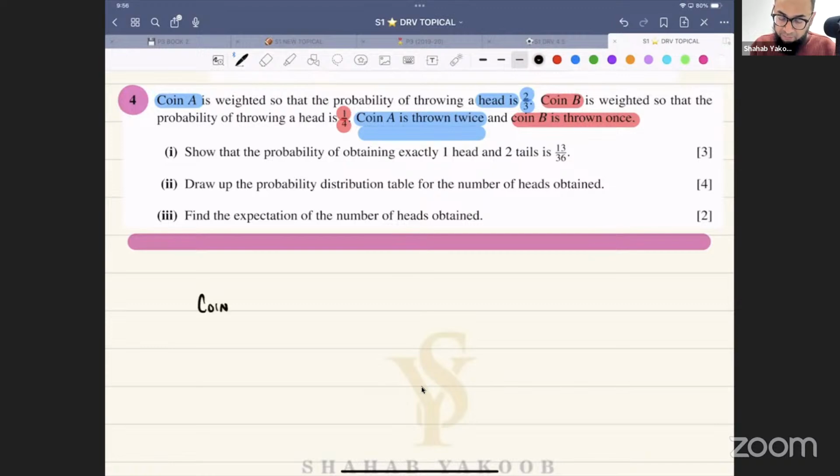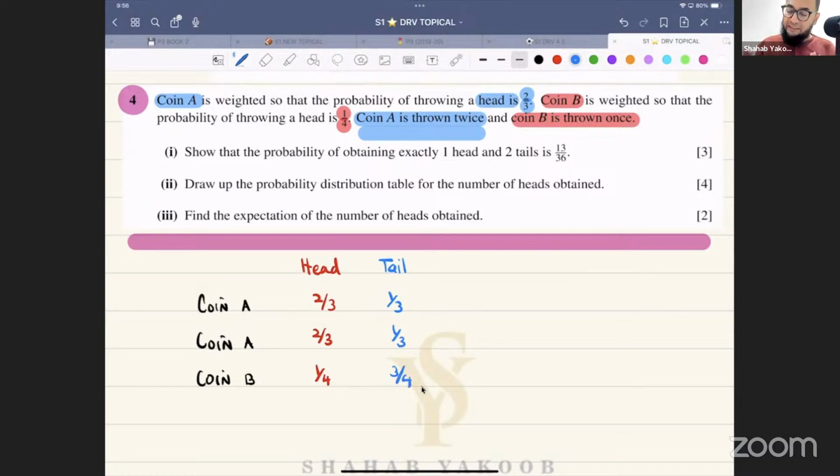This is coin A. Since it's thrown twice, let me write it twice, and then coin B. Heads: that is 2/3, 2/3, and for coin B, 1/4. And over here we are writing tails: that is 1/3, 1/3, and 3/4. So that is the working that we'll be doing.